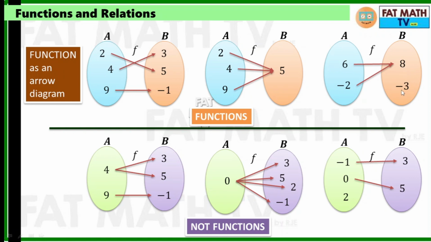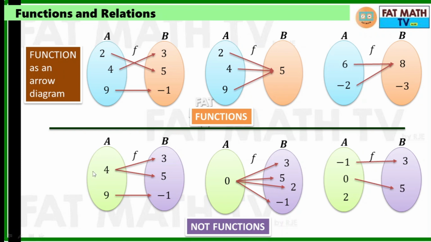As for the negative 3, we don't need to check that because that is not anymore in the definition of a function. For an ordered pair table or arrow diagram to be a function, you need to check the elements of the domain only. So you have to look only on the first set if they have only one pair. So you don't check anymore the other elements of the second set.